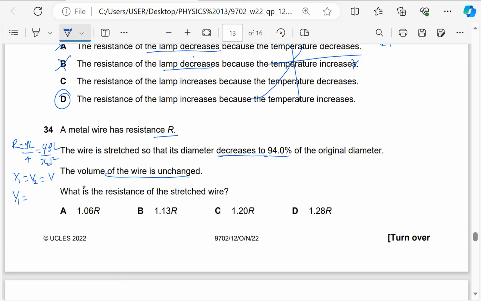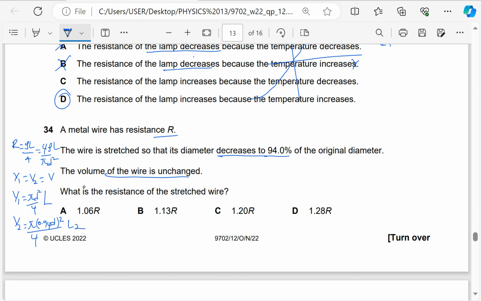Volume V1 is area times the length, so it is pi d squared over 4, times the initial length, let it be L. Then volume V2 is going to be pi times 0.94 d all squared, divided by 4. The length is not known. I'll call the length L2.